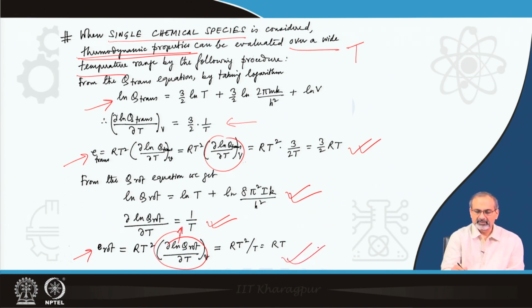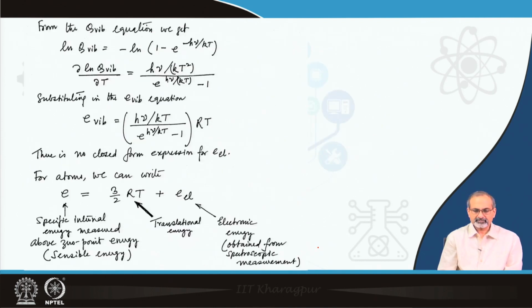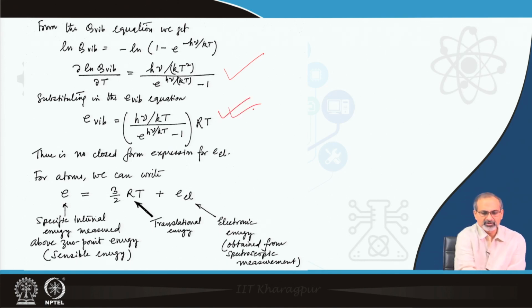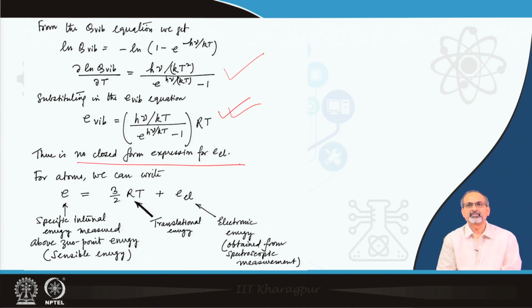Then you get R T. From the vibrational equation for Q, taking a logarithm and then taking a derivative, you get a form like this. Therefore, the vibrational internal energy will be a form like this, and of course, there is no closed form expression for the electronic energy. We already talked about it.